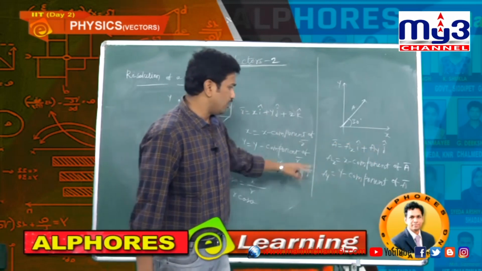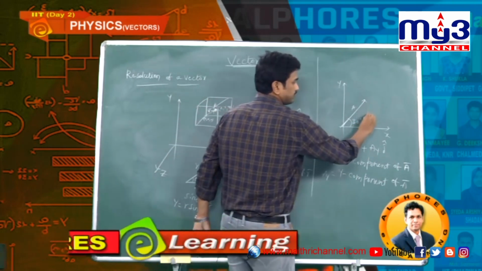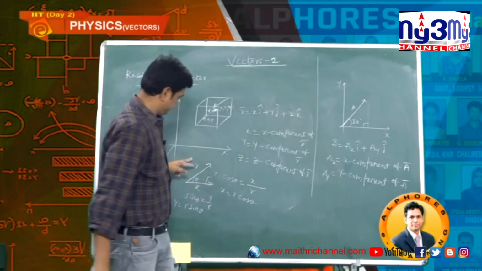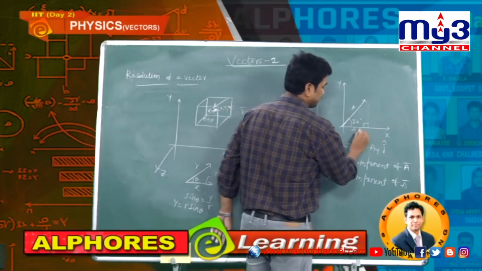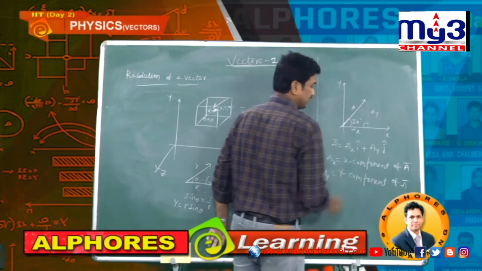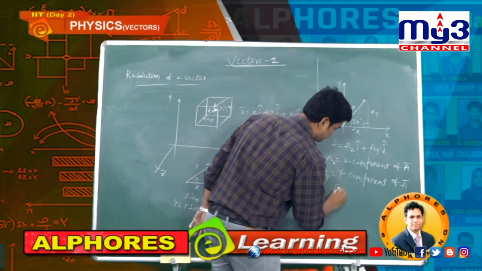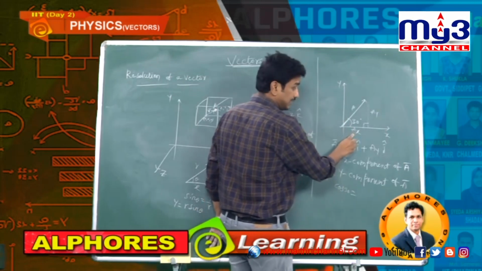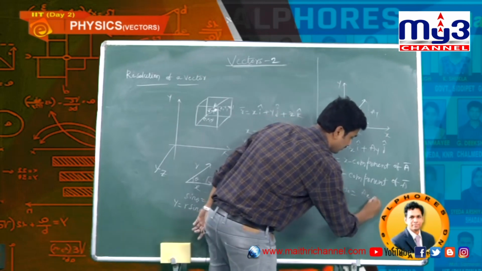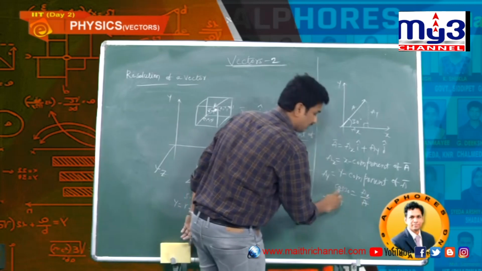How to calculate Ax and Ay? Same thing. Cos 30 is equal to adjacent side Ax by hypotenuse A. Now Ax is equal to A into cos 30 value.